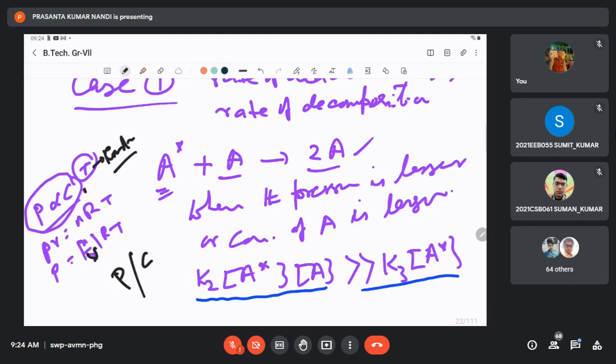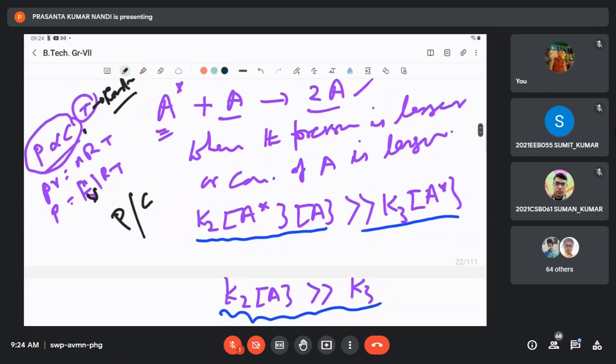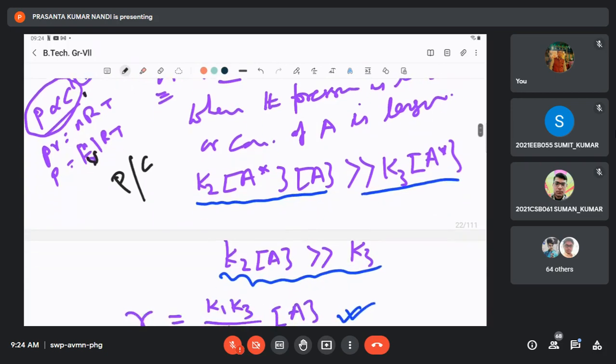So both P and C are identical measures of the species. If it is kept larger, then the deactivation step will be much larger than the decomposition step. And this can be simplified to this simple expression.